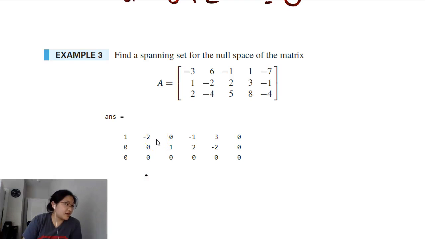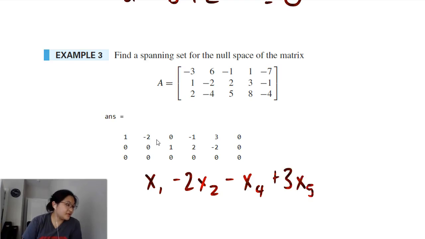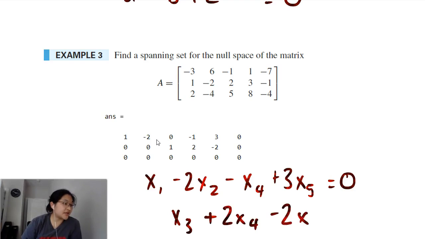That means that we have 1 x1 minus 2 x2 minus, what's that, 4? Minus x4 plus 3 x5, and that equals 0. And we also have x3 plus 2 x4 minus 2 x5 equals 0.